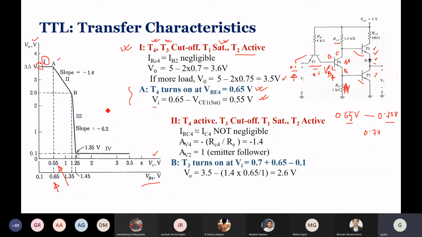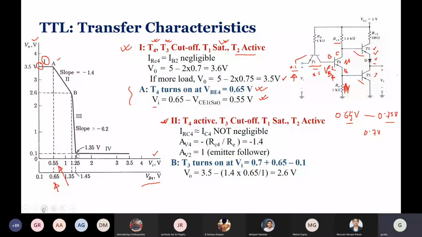Now we enter region 2. This is region 2. So T4, now let me clean this part, is in active mode.